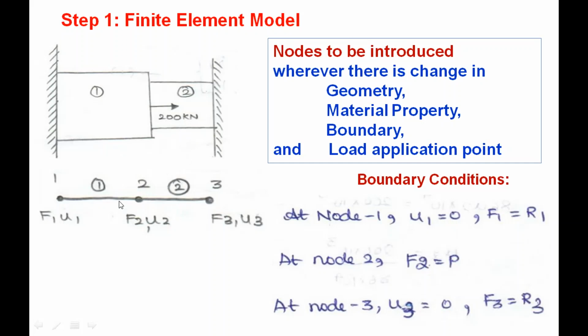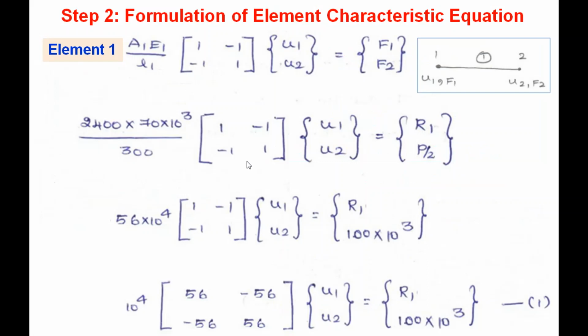So then only when we do assembly, this P by 2 and P by 2 will become P. This point we have to remember. This is called connectivity. We have to ensure that connectivity for this common node. So here, that is why we are using P by 2 because node 2 is a common node.